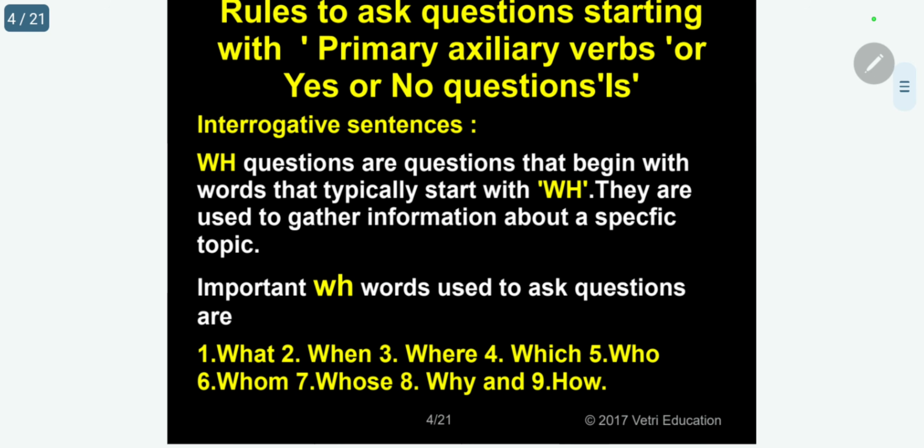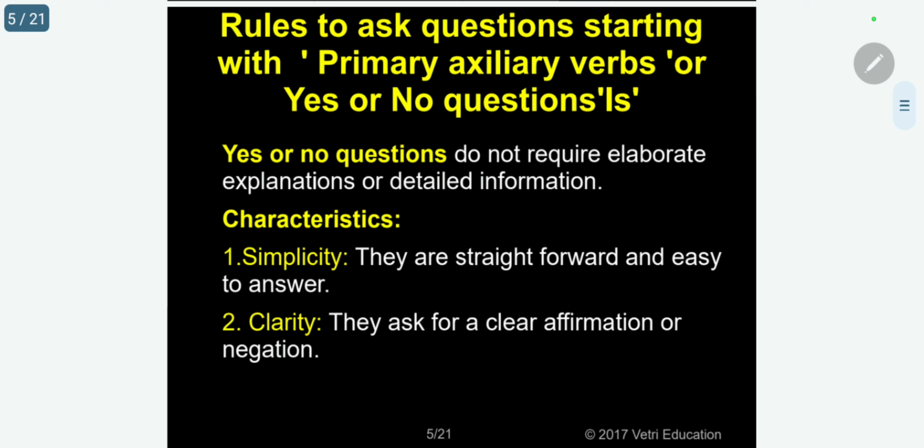Whose, 8. Why, and 9. How. Now we will concentrate on yes or no questions. Normally, these questions are raised by using auxiliary verbs, primary auxiliary verbs.